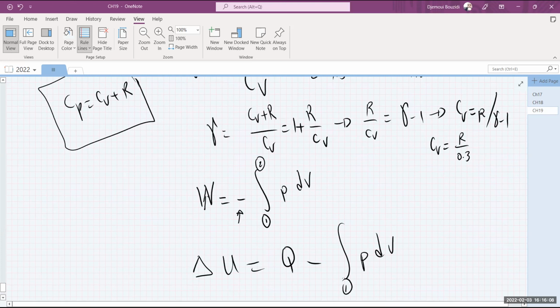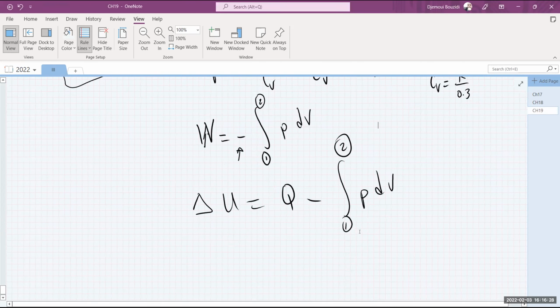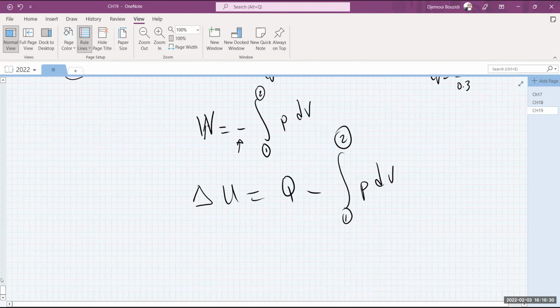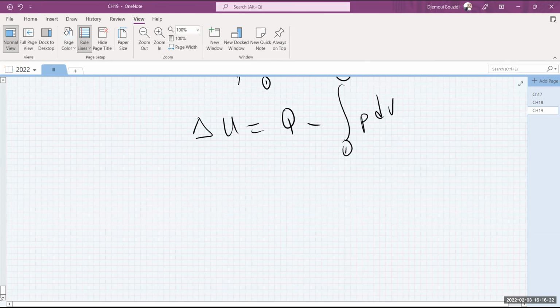In this case, it's the same always, no matter what. Either you define the work as the integral of PDV, and then there is a minus in the formula, or you define the work with a minus itself, and then there is a plus in there, and that takes care of business, okay?